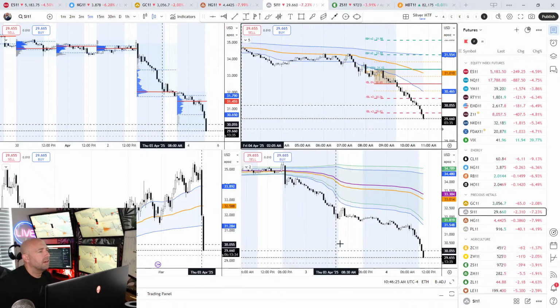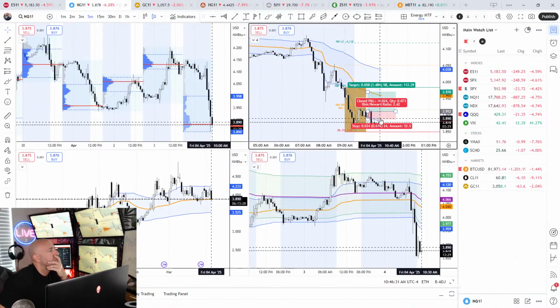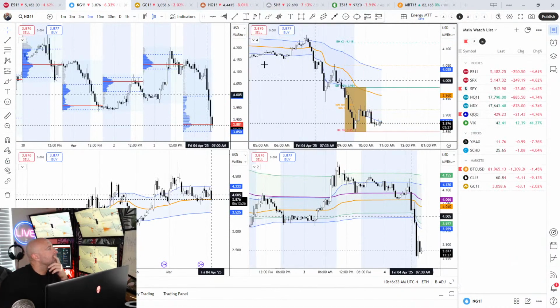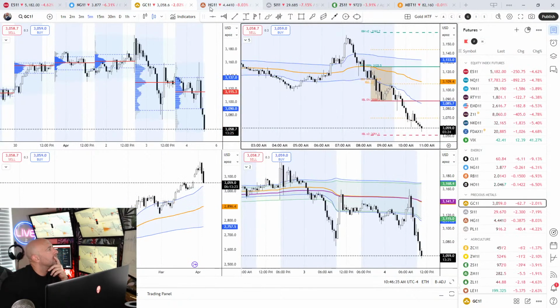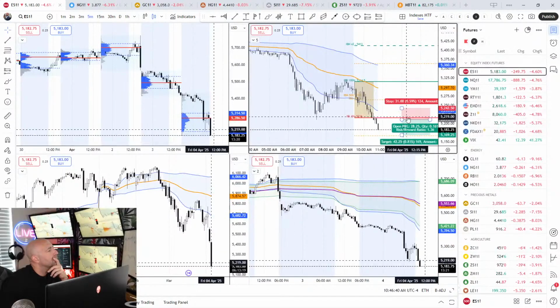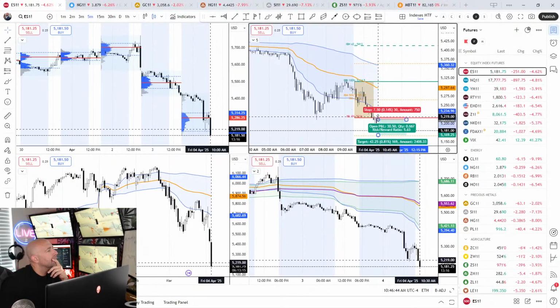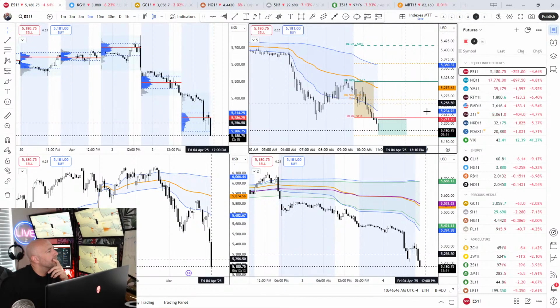A little alert there on silver. Tighten this up now.